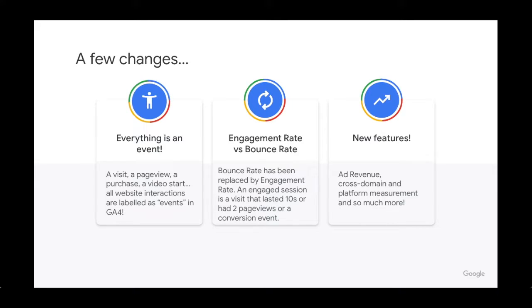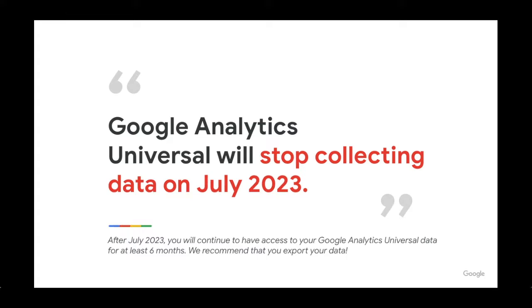Last, and maybe most importantly, UA will stop collecting data on July 2023, which is about 10 months from now. What we recommend is to use both Universal Analytics and GA4 in parallel. It will allow you to collect historical data in your new GA4 account as you're learning the new system, while still having UA for ease of use.